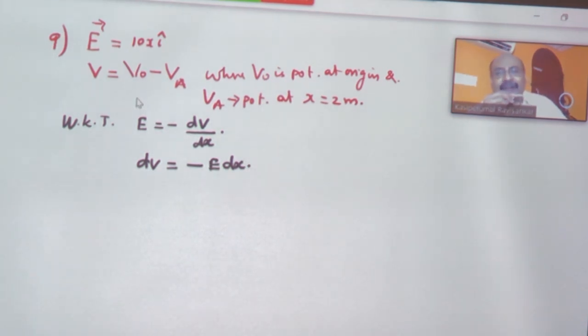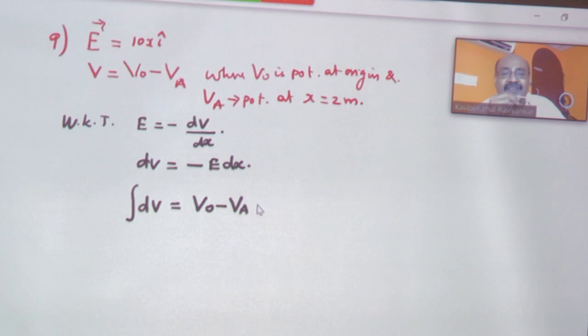I want to calculate V0 minus VA, so I am integrating this dV. Then V0 minus VA, which is considered to be the potential difference V, is equal to the integral of minus E into dx. Am I correct?